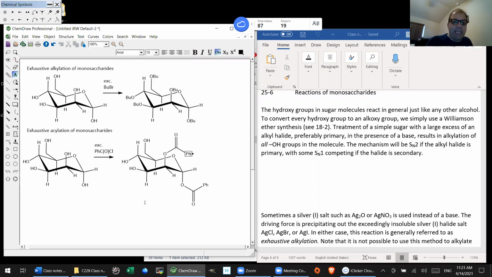It could be any acid chloride. So I'm just putting benzoyl groups on every last one of these.